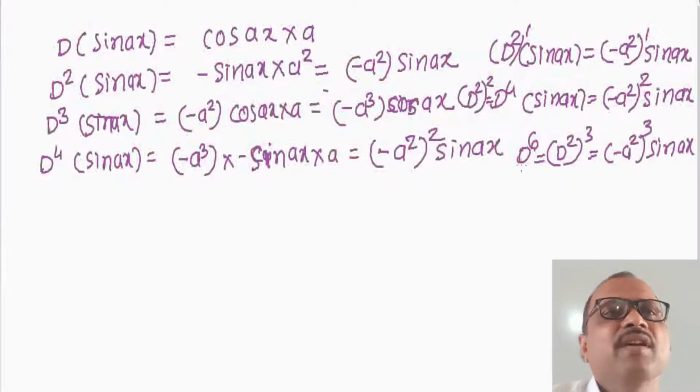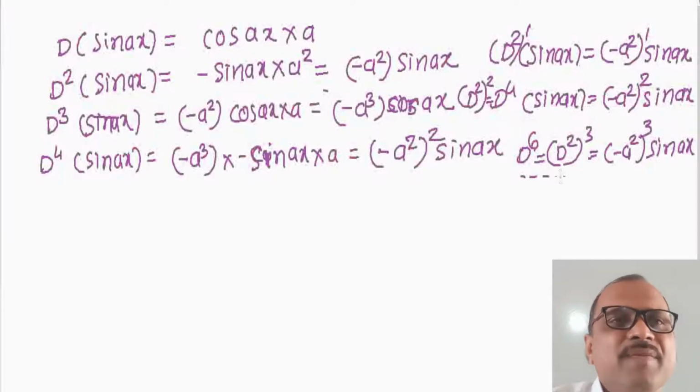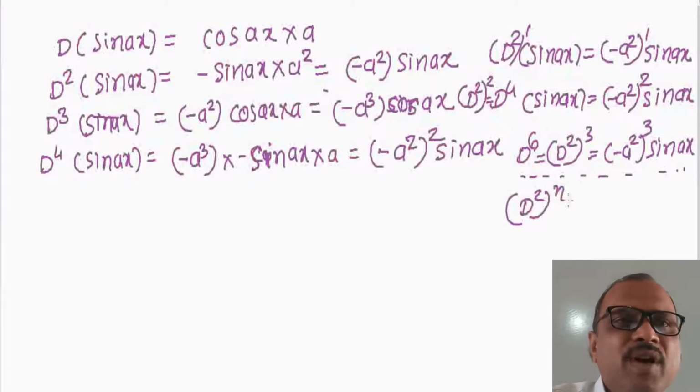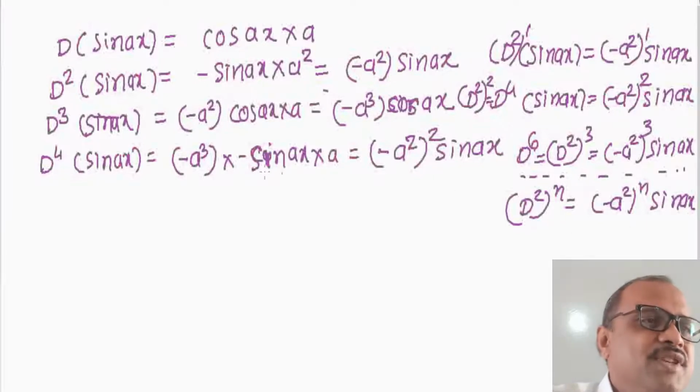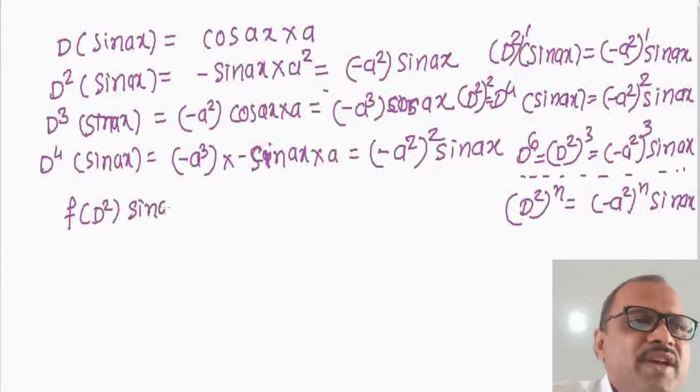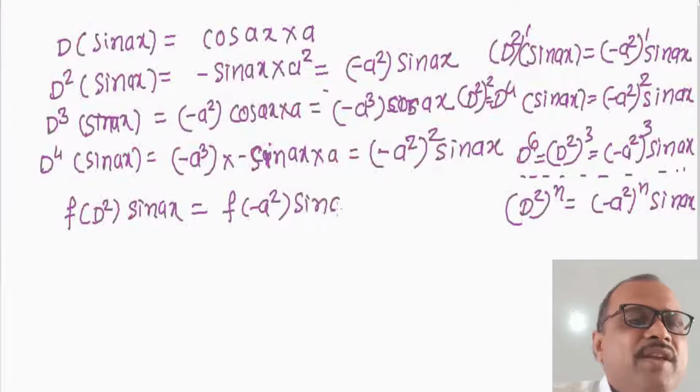Similarly, if we differentiate successively and continue in this manner, D square whole raised to n gives minus a square whole raised to n into sine of ax. Now we apply this technique for the function. If we have a function of D square operating on sine ax, we get the function of minus a square into sine ax.